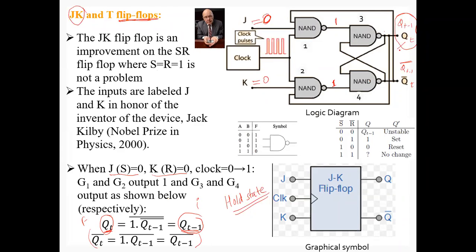This is the final state. This is the initial state. So final state equal to initial state, meaning whatever data you have here, it remains there. Suppose you had 1 here, it will be 1 here. If it is 0 here, 0 remains there. Gotcha. So it is a hold state. Yep, exactly. That's what I meant.